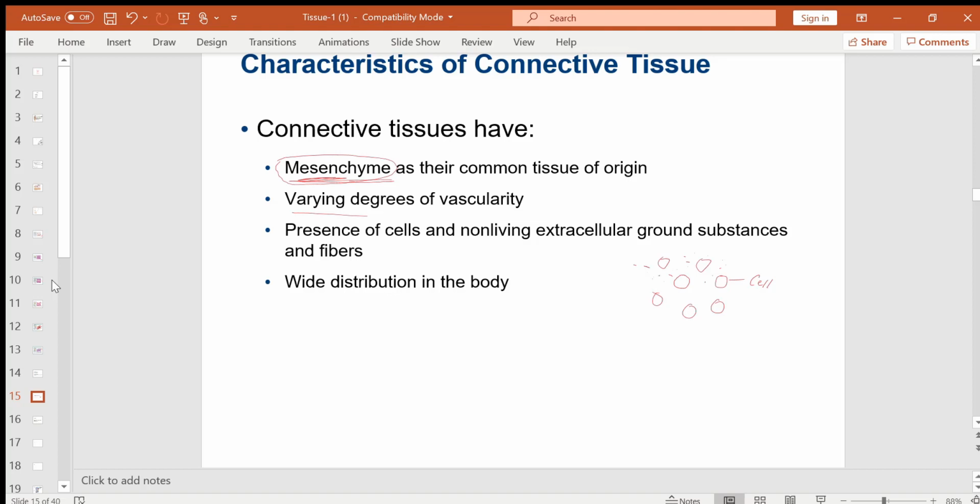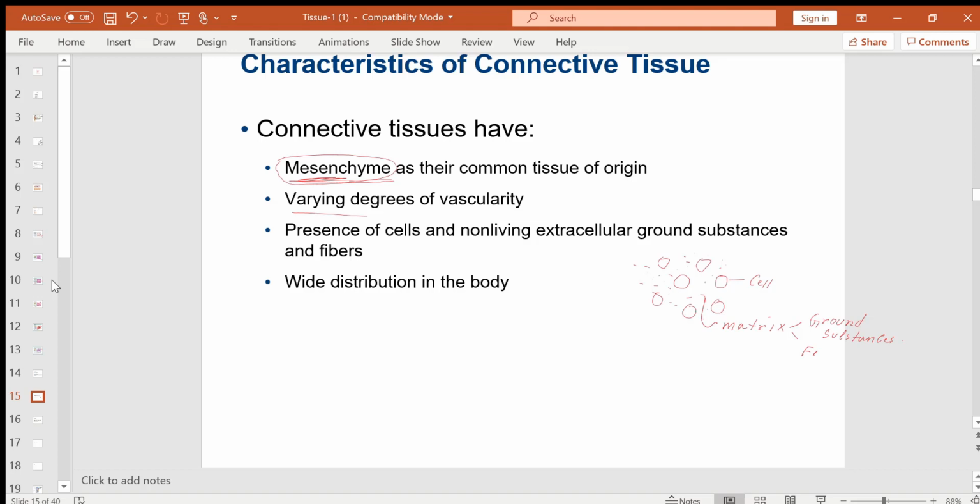Now in the matrix, you have two things: the chemicals called the ground substances, and fibers.